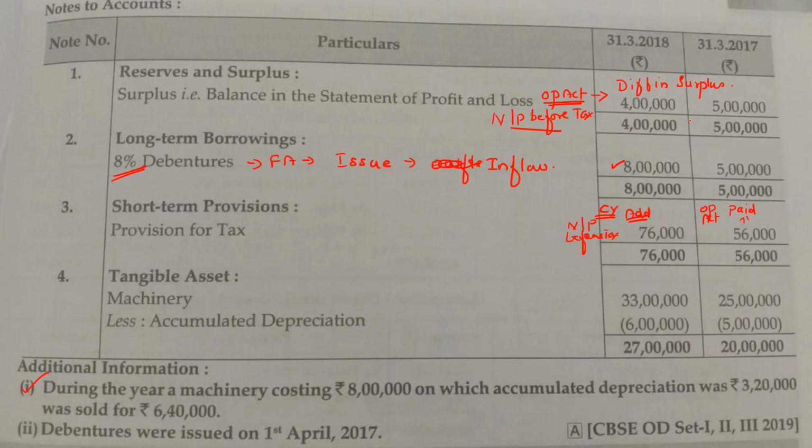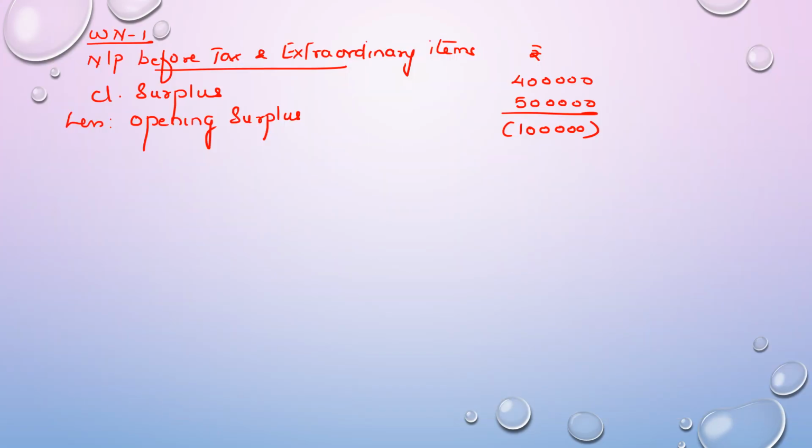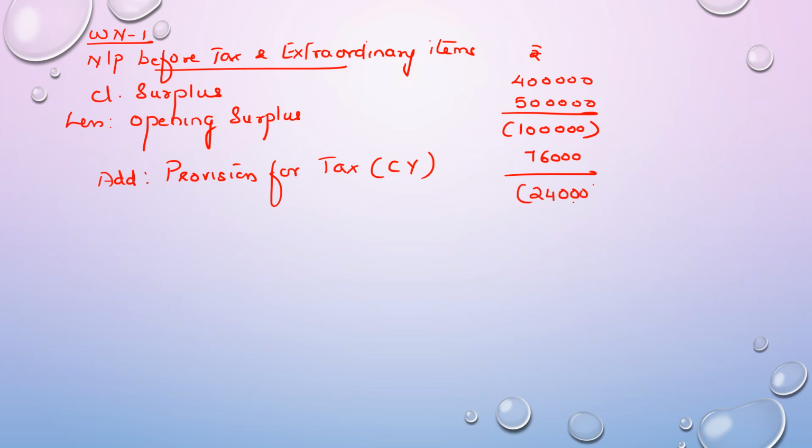And whatever is the provision of the current year, 76,000, that has to be added back in the working note here, because this is related to provision for tax, which was subtracted when arriving at this net profit. So we have to take that into consideration and add back. This is the current year's, which is 76,000. So when you add back, you get a negative of 24,000.